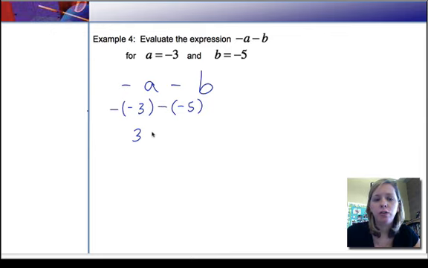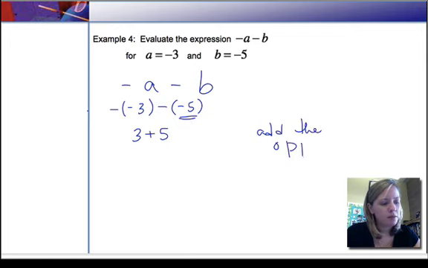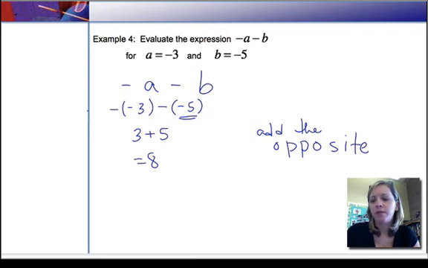So instead of subtracting, I'm going to add the opposite of this number, but the opposite of negative 5 is positive 5. Okay? So add, make a little note here, add the opposite. Alright, and then of course, 3 plus 5 is 8. Alright, and we're all done.